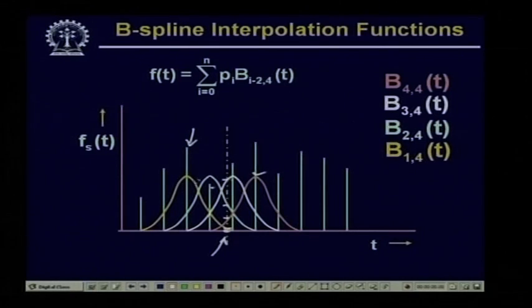So, by taking this weighted average, with the weights given by these B-spline functions, I can find out what will be the interpolated value at this particular location.